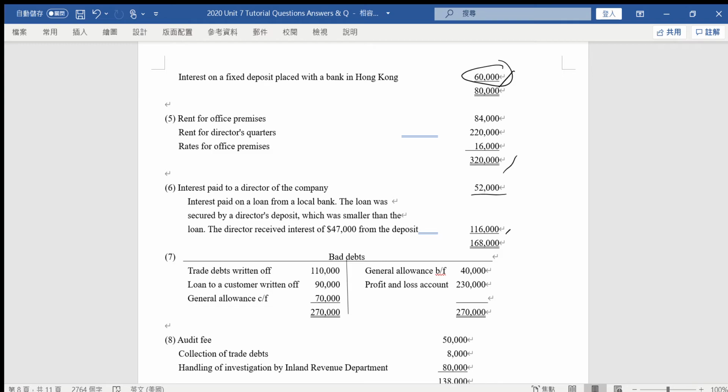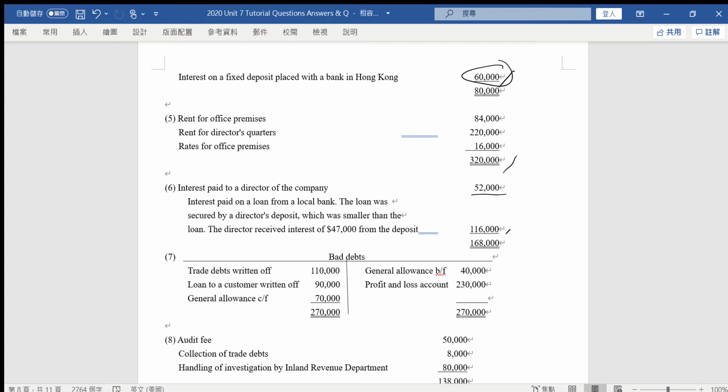This one is not a financial institution, and the director is a connected person, and that is not related to the company business. Because of that, it doesn't fulfill the requirements of the interest deduction rule. You should discuss all the deduction rules of the interest, whether that is incurred in the production of the assessable profit.